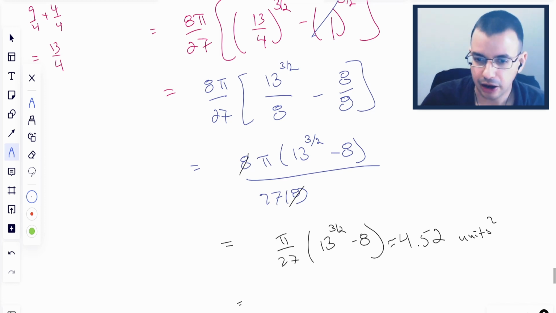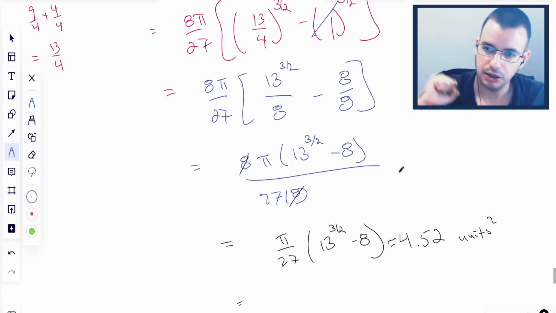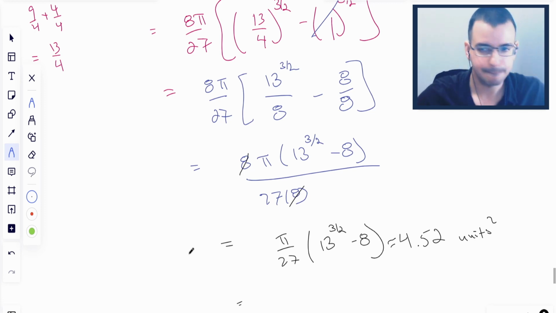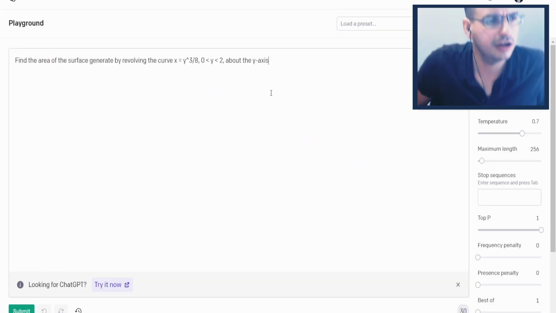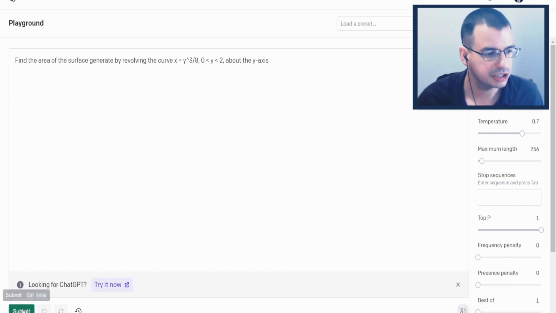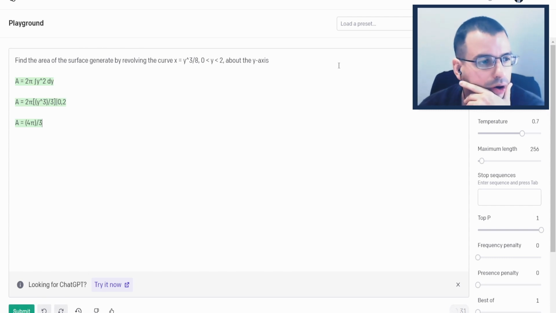All right, now, just to make sure that we're correct, let's ask an expert. Find the area of the surface generated by revolving around this. Submit. All right, A equals that.